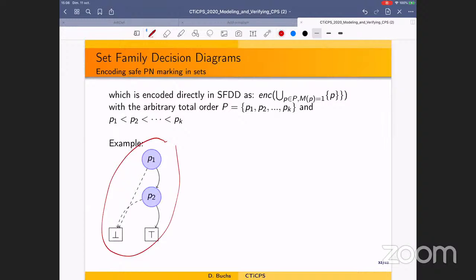Okay, but this diagram suffers from a big limitation, which is the fact that I cannot represent more than one token into a place. So this is why set decision diagrams are relatively too simple.